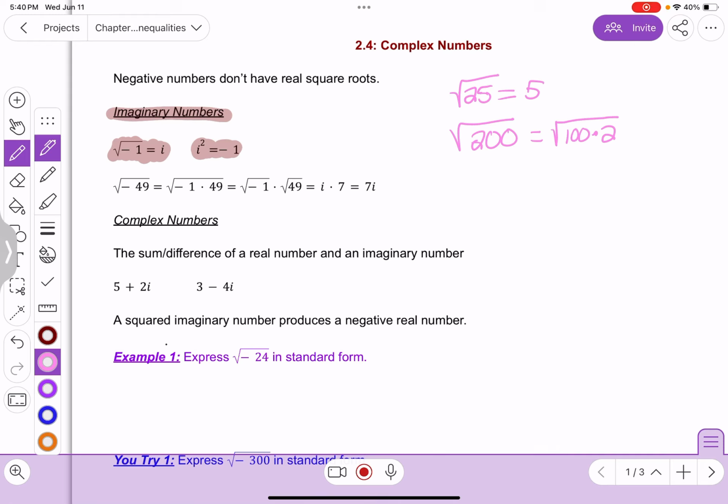And then the product rule, we can break that apart and say the square root of 100 times the square root of 2. The square root of 100 is 10. And then 2 doesn't have a square root. So 10 root 2 is the same as the square root of 200.